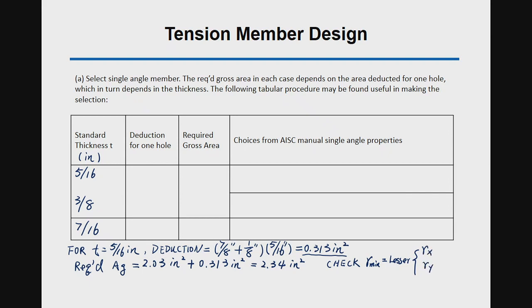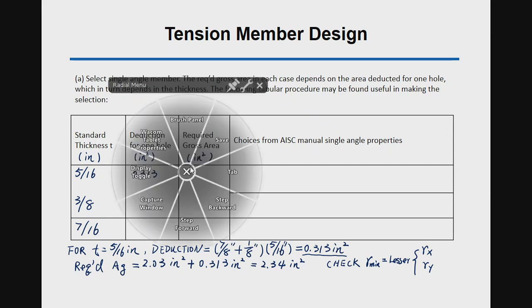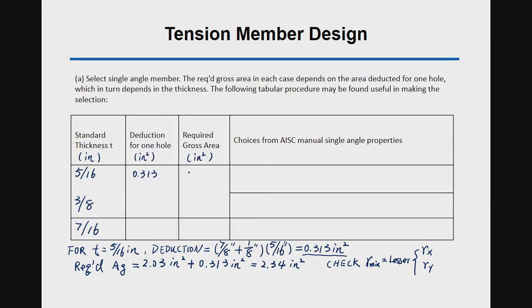Okay, so the deduction for one hole for a 5/16 thickness single angle is 0.131, and the unit is square inches. And the required we just calculated as 2.34.